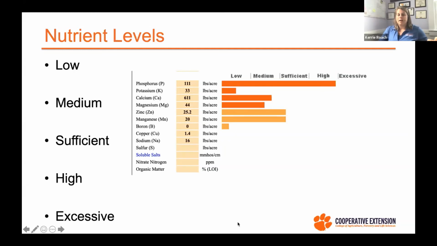This is pretty common in a lawn situation, having a high phosphorus over the years of fertilizing sticking around. We see this a lot, but giving ideas of those ranges that are good or low, medium, sufficient, high, and excessive really gives us a good visual to help figure out where we need to be going with our next application.